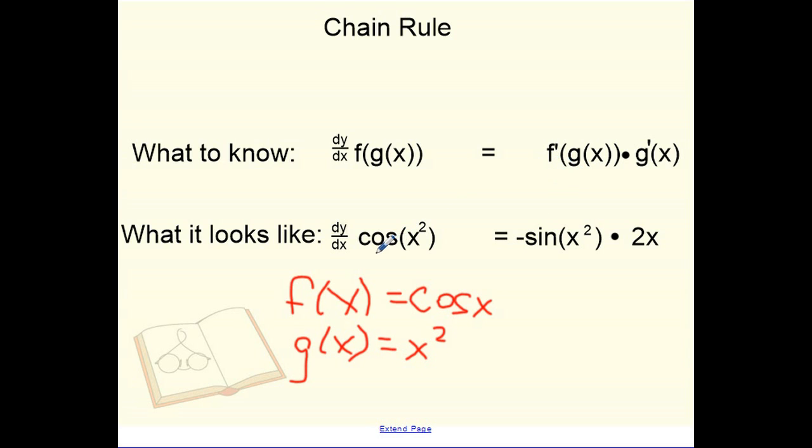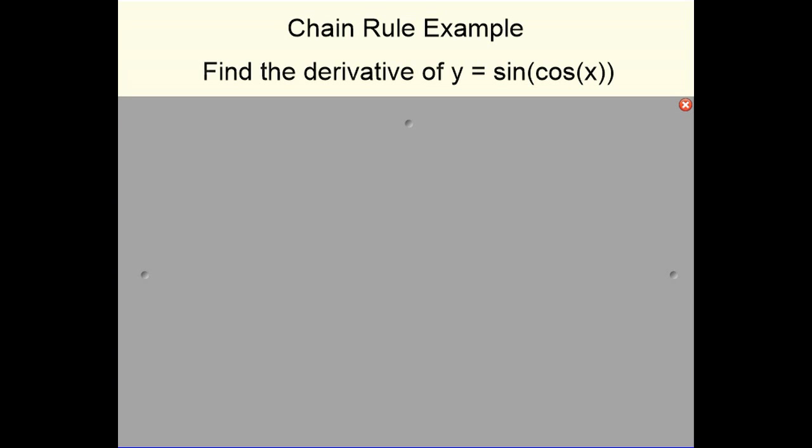To find f prime of g of x, we take the derivative of cosine of x, which is negative sine of x, and keep the g of x inside, which is x squared. So that's negative sine of x squared, times the derivative of g of x. Using our power rule, the derivative of x squared is 2x.